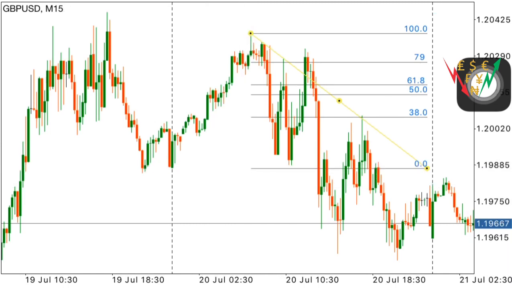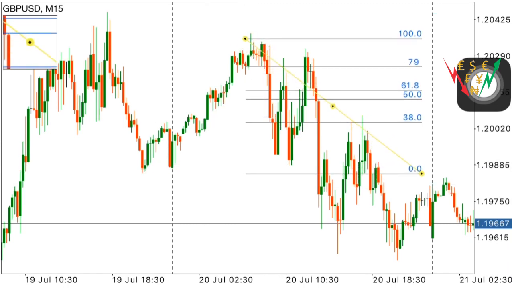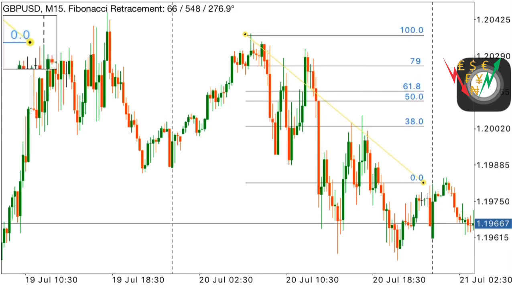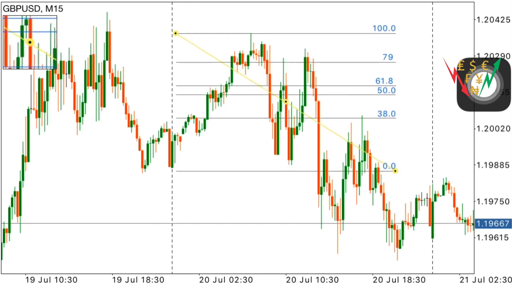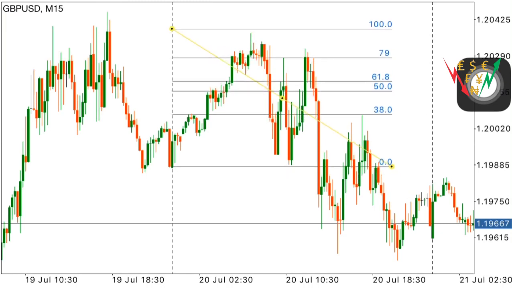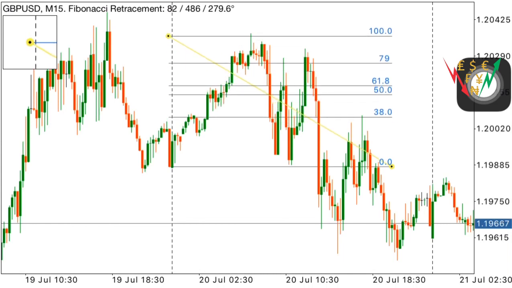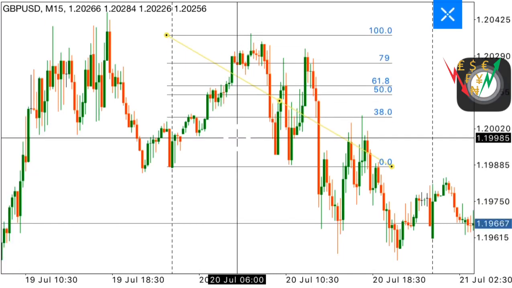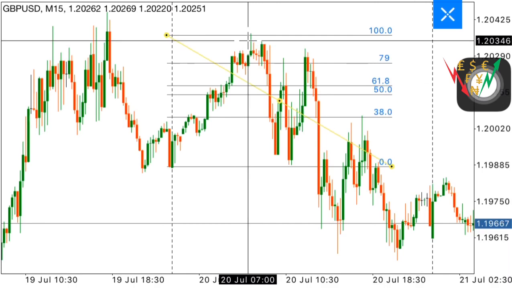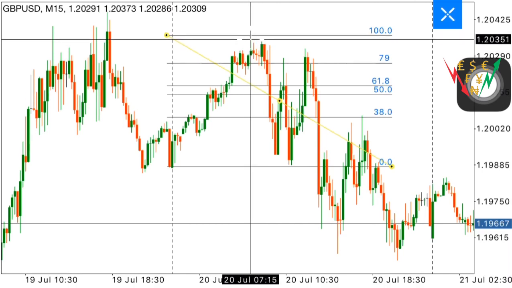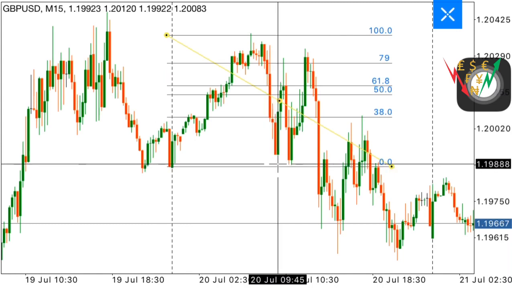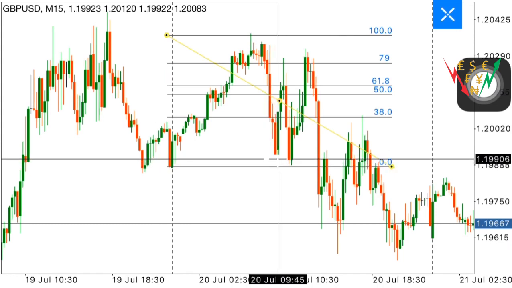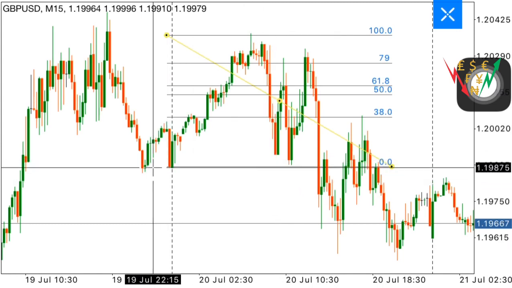So you have the highest price at this fib level, and let's see if it rallies. Yes, we have it right here, somewhere around here. That's the highest point that price reached for the Tokyo session, and the lowest point that price closed at the end of the Tokyo session, which is here.